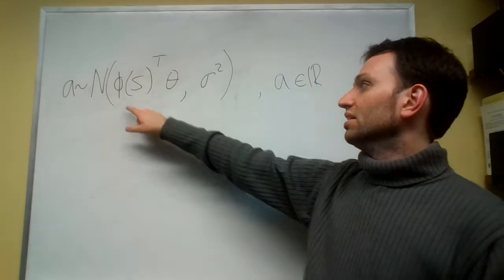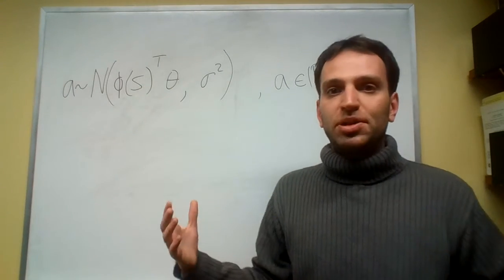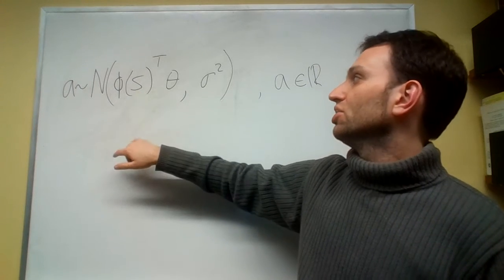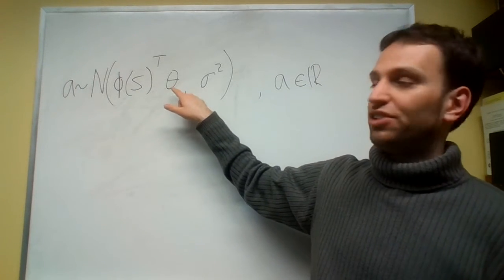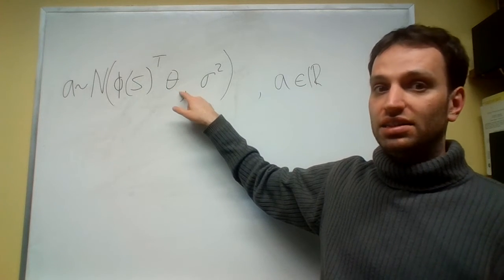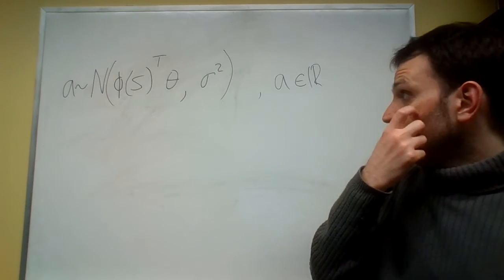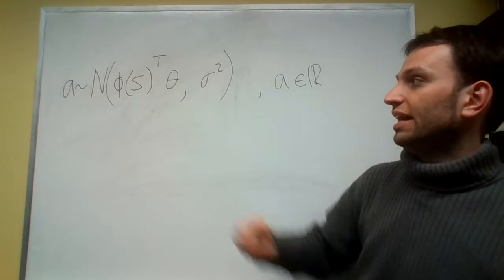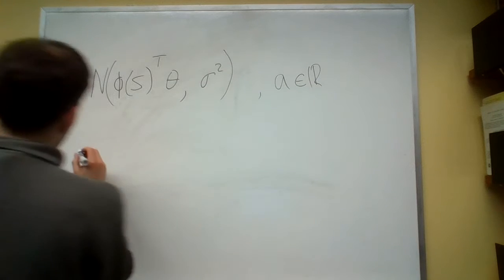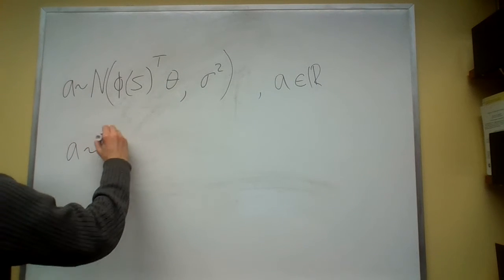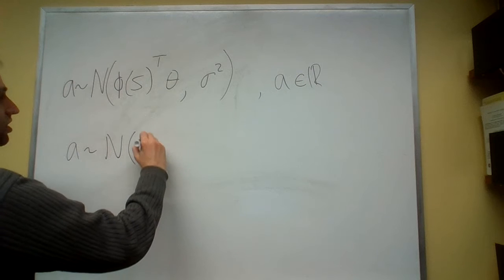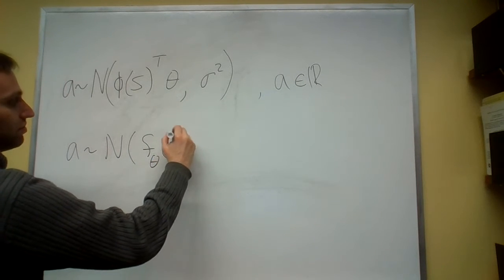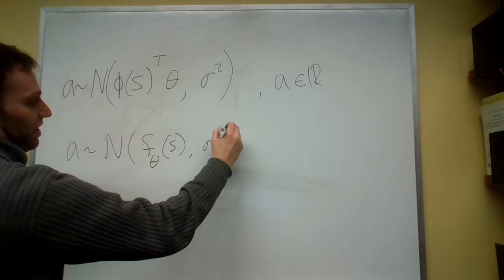Now, like we said, this phi of S could be arbitrarily complicated. It could be any sort of function that takes S to a vector that's the same dimensionality as the theta. So one thing you might say is, hey, why do it like this? What you can do is just say A is going to be normally distributed around some mean, that's going to be just f theta of S, with this variance.